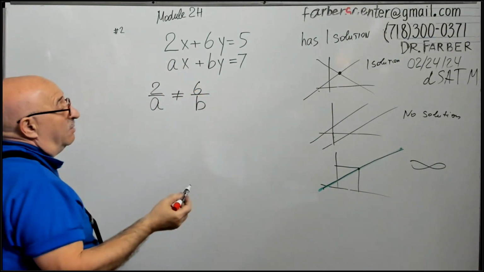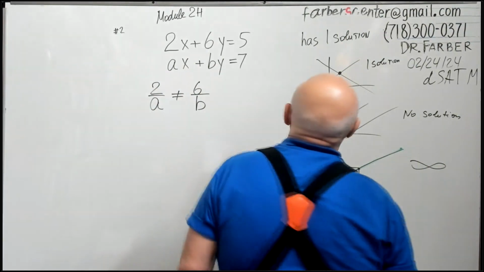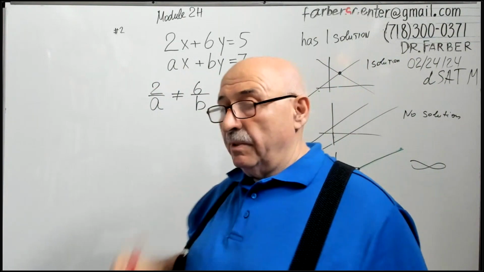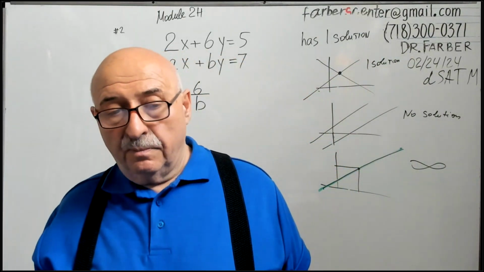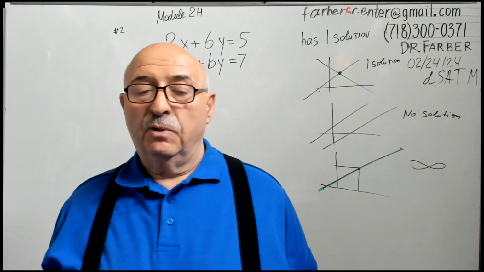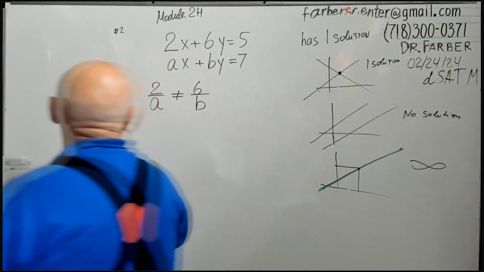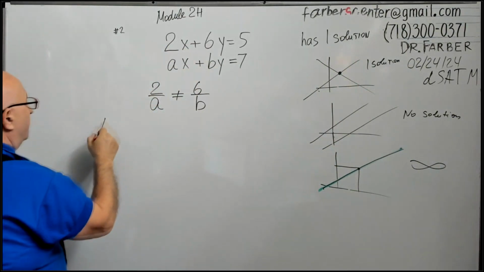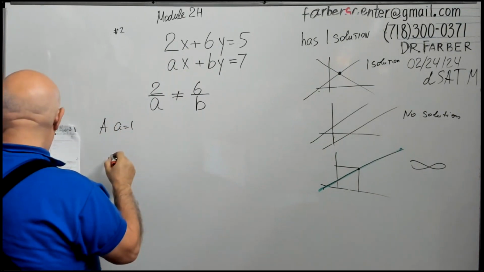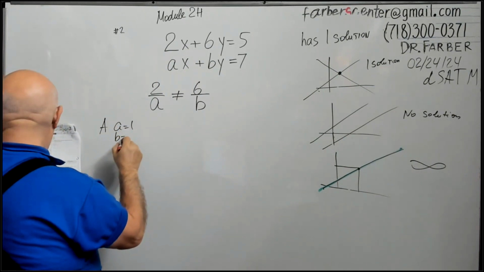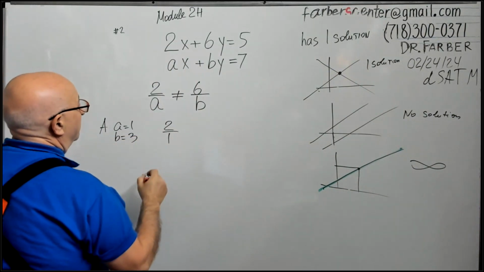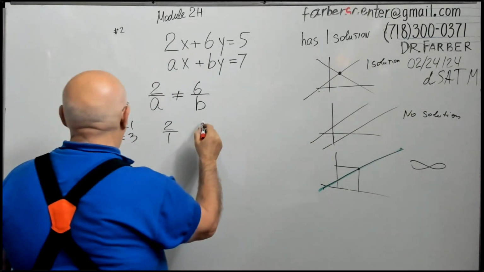Because if they were equal, I would get the parallel case. So this is statement number one: in order to intersect, they must not be parallel. Now let me check a couple of these. Let's check A. What do we have for A? a equals 1 and b equals 3. Let me check: 2 over 1, and this is 6 over 3.